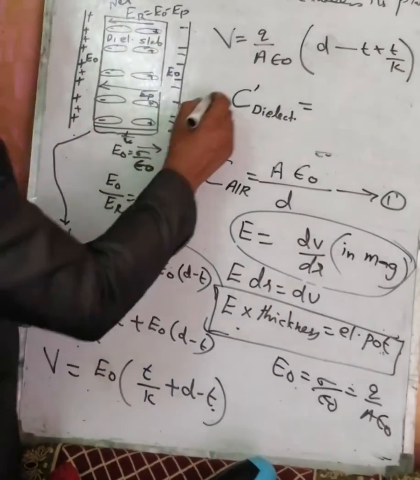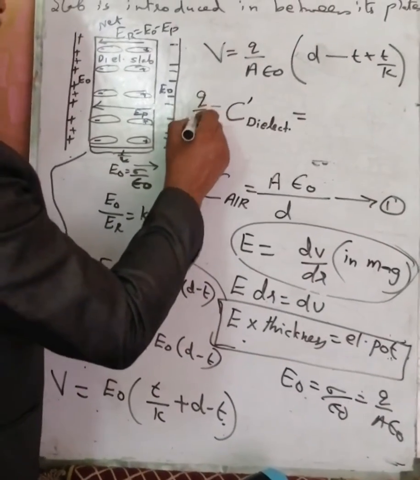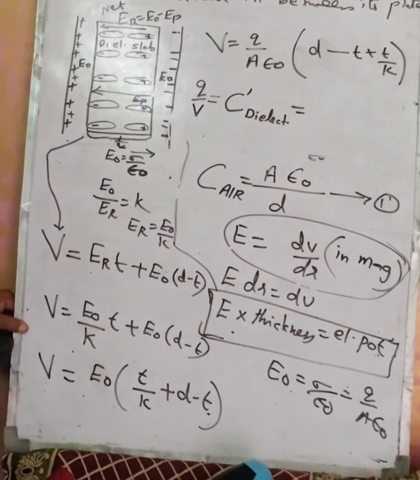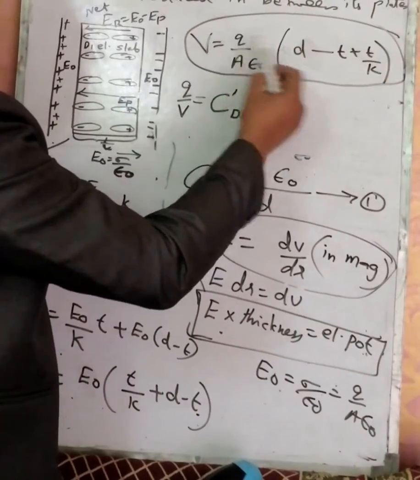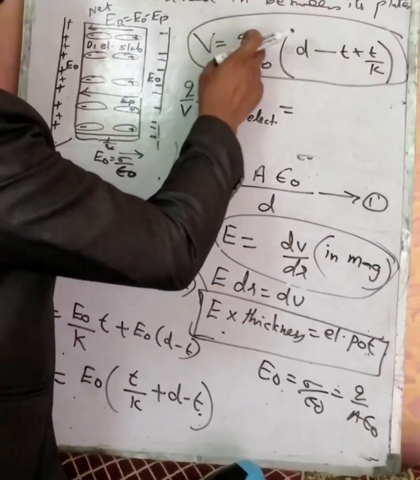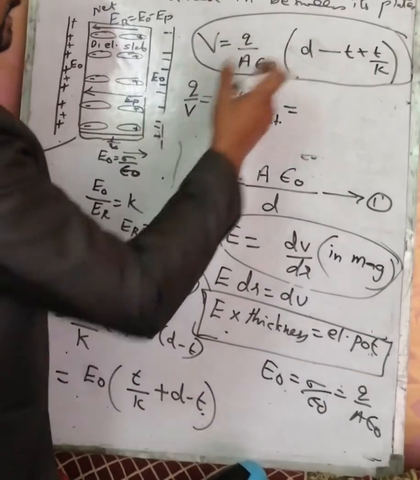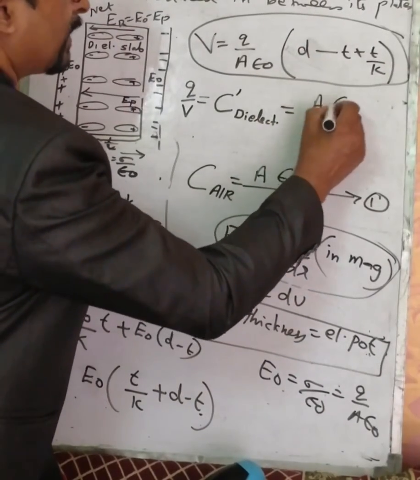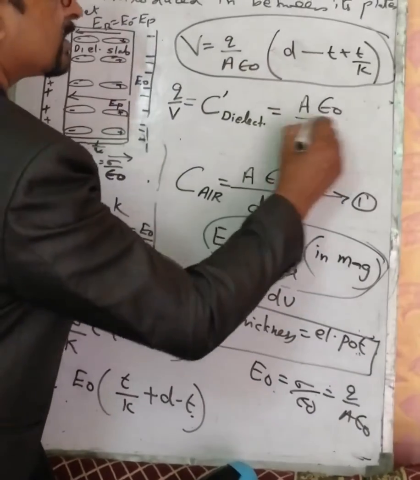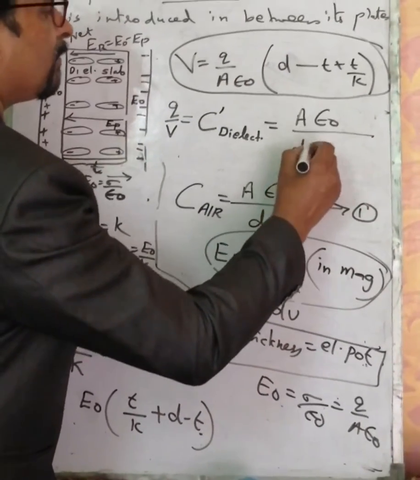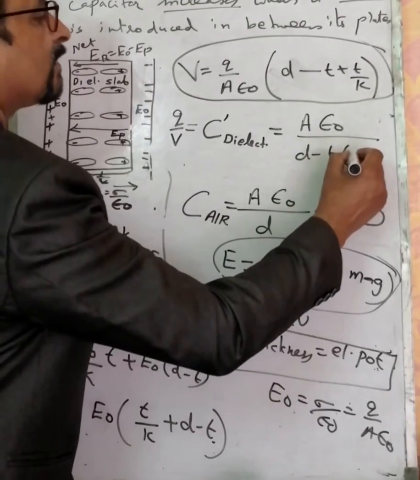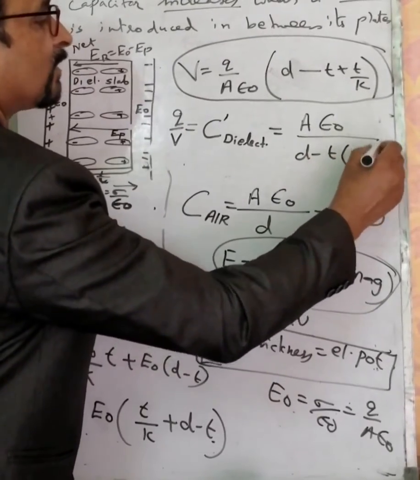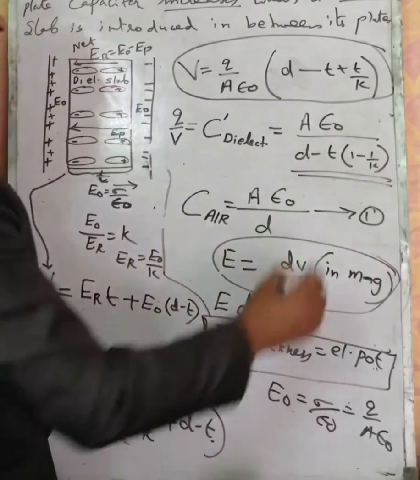You know, capacitance is equal to charge upon potential difference, Q by V. From this expression, very clearly you can write Q by V. Q is going to the right side, V is going to the right side; take the other terms to the left side. So your answer will be Q by V equals A epsilon naught over d minus t plus t by K. I am taking t as common factor, so it will be 1 minus 1 by K. This is number 2.